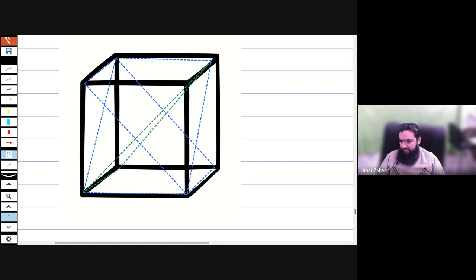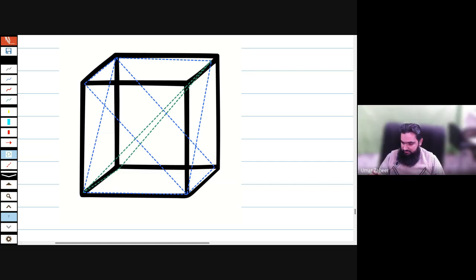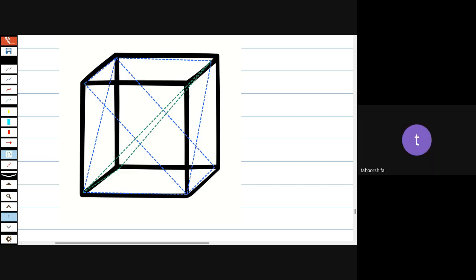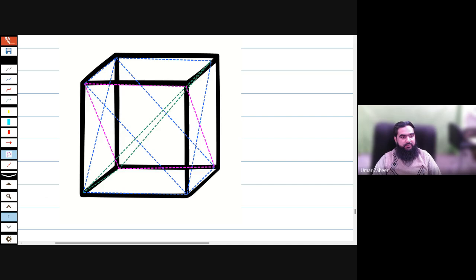Is any plane of symmetry left in the diagonals? Yes, that is from here. Let's change the color. Look here, it is divided into two equal parts as well, right?